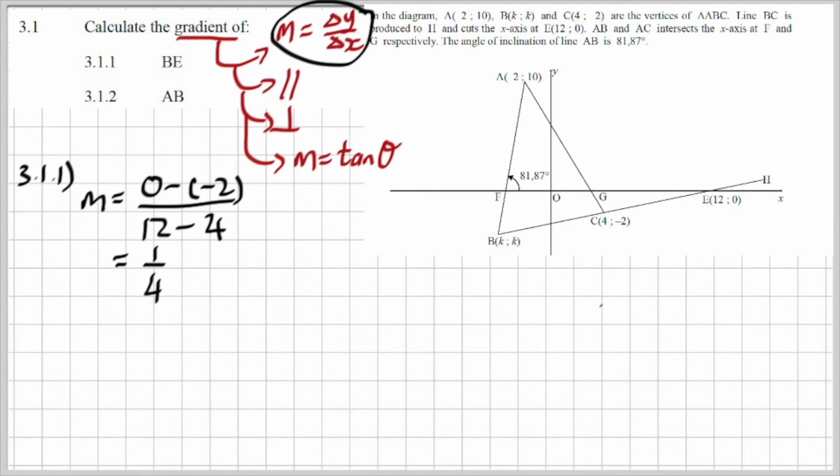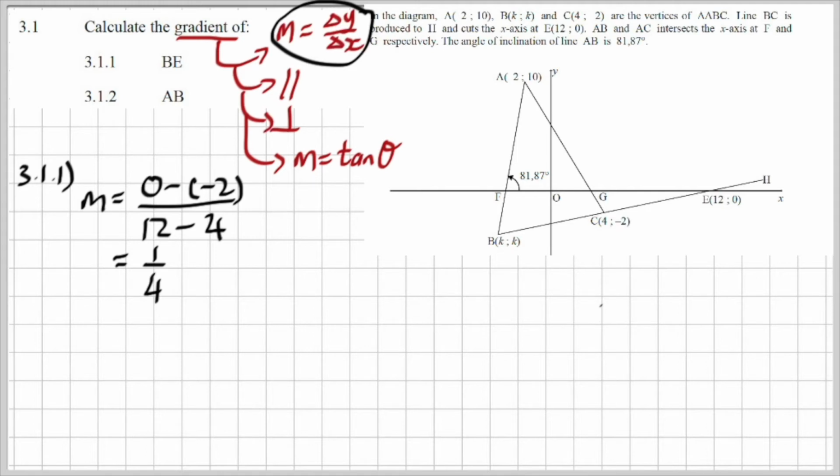Now, does it make sense? What do I mean, does it make sense? Please, I'm not saying, did I substitute in right? I'm asking, does it make sense? In other words, if I look at the sketch, does a gradient of 1/4 make sense? Well, how do I know it makes sense?